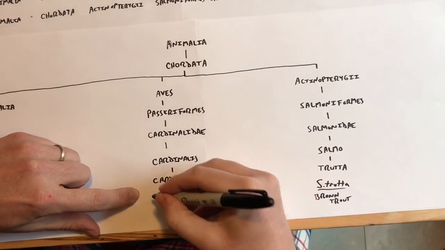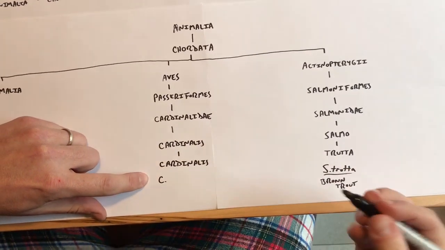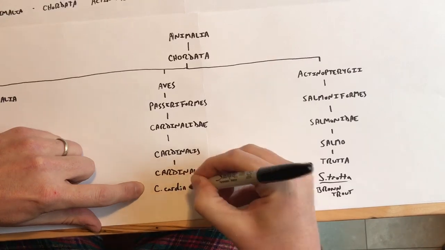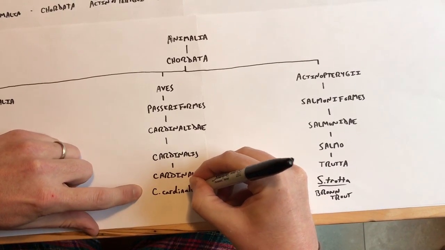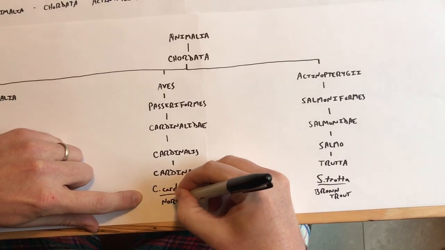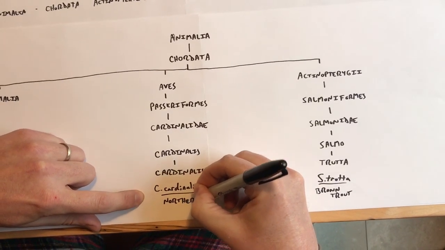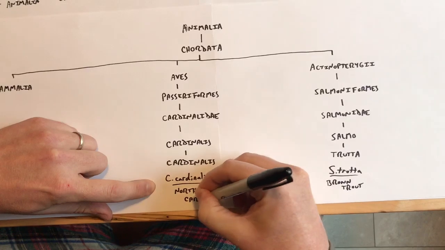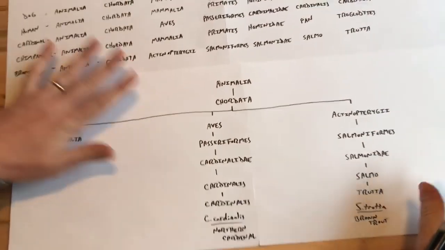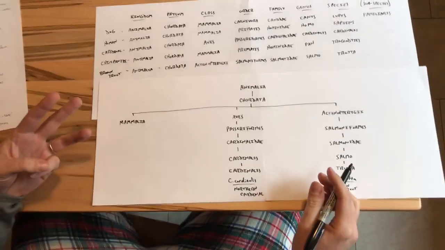And if we were going to write, again, our scientific name, capital C, lowercase cardinalis, we underline it, and that's our northern cardinal. Okay, so we've got three things left to go.